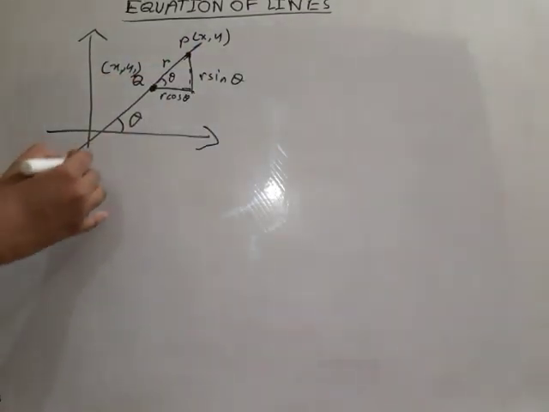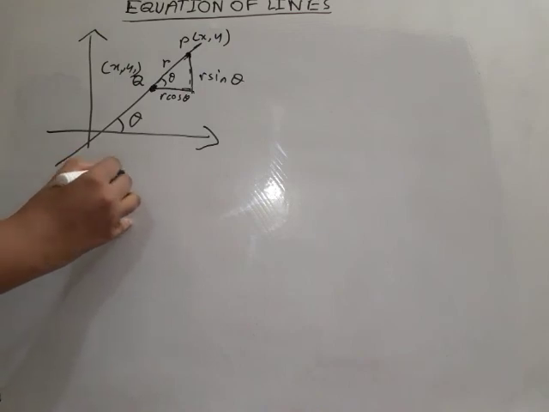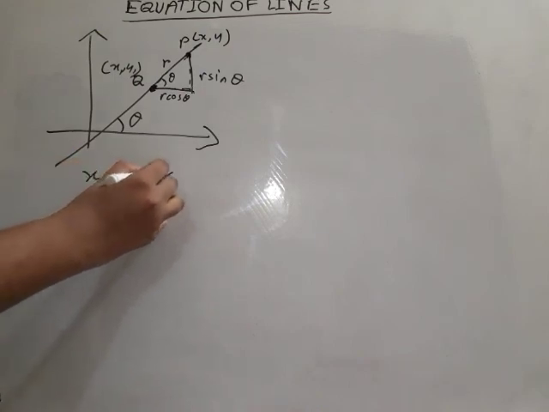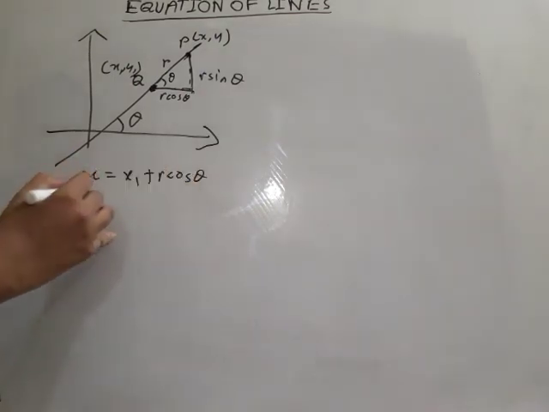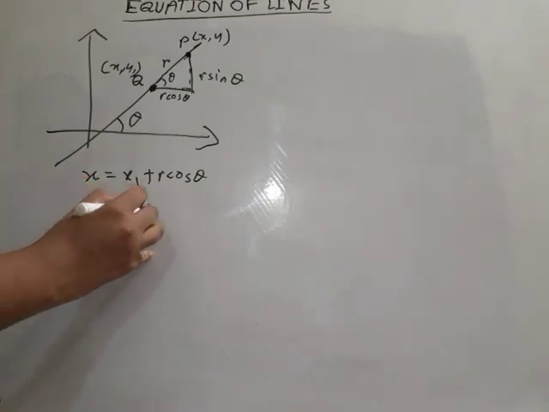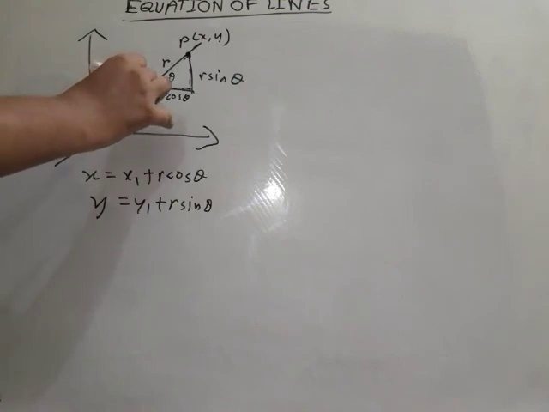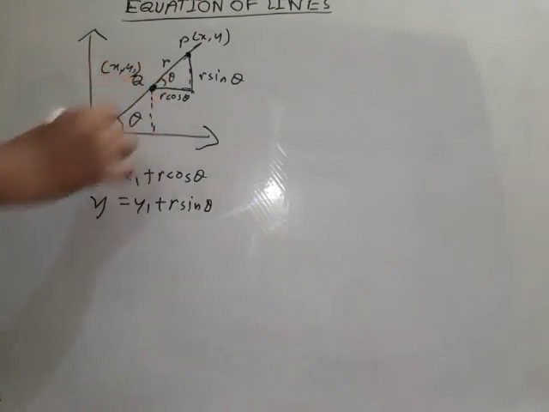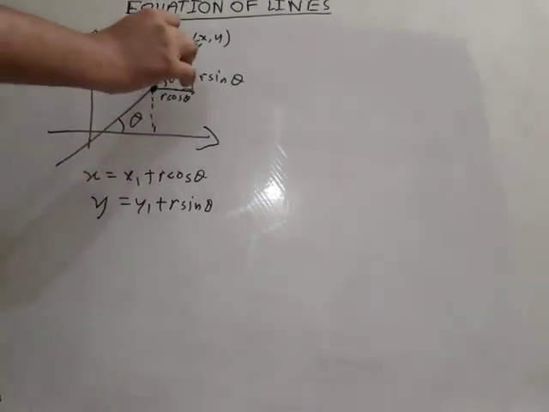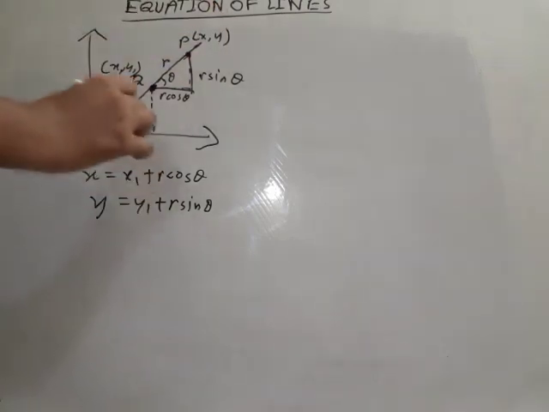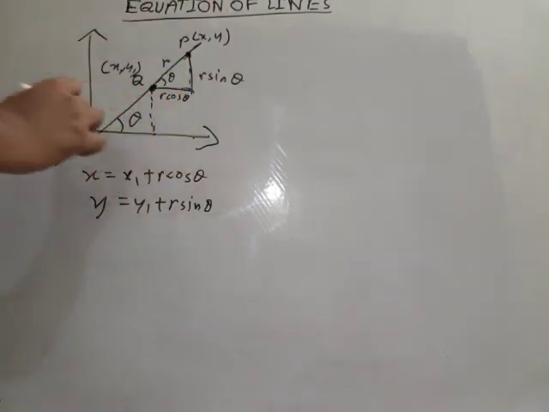So the coordinates of P come out to be x equal to x1 plus r cos theta and y equal to y1 plus r sin theta. Now see, this is y1, so y1 plus r sin theta is y, and x1 plus r cos theta is x.